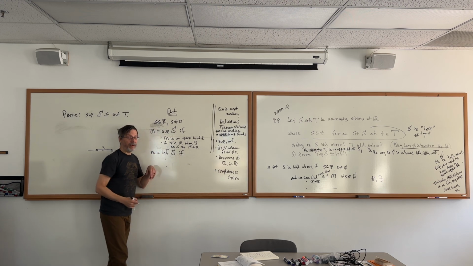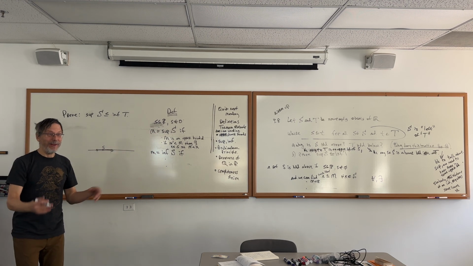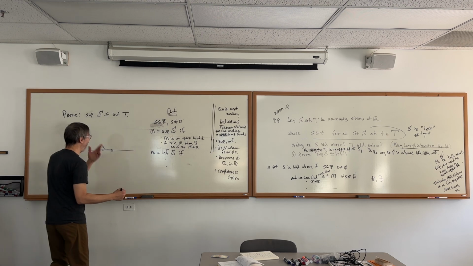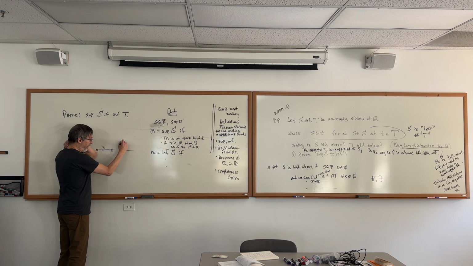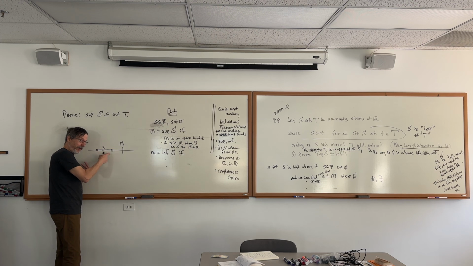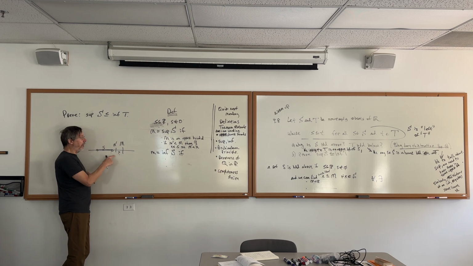Yeah, exactly. It's a hard thing to get your mind around, for sure. Let's draw the picture and make sure we make sense. So, here's an M that's an upper bound, but it's not the supremum of this set, because if I pick this M prime, there's no element of the set inside this interval.